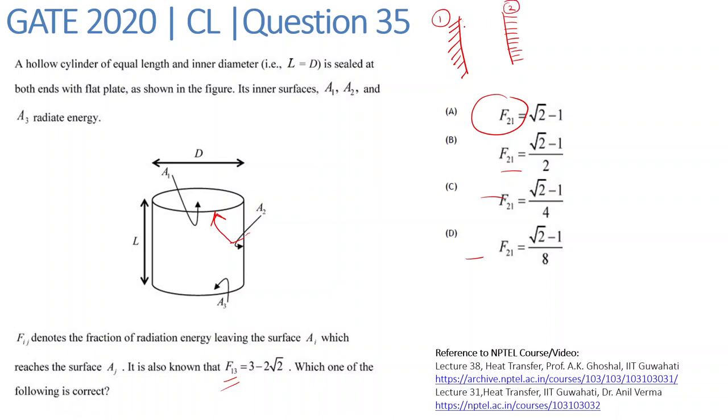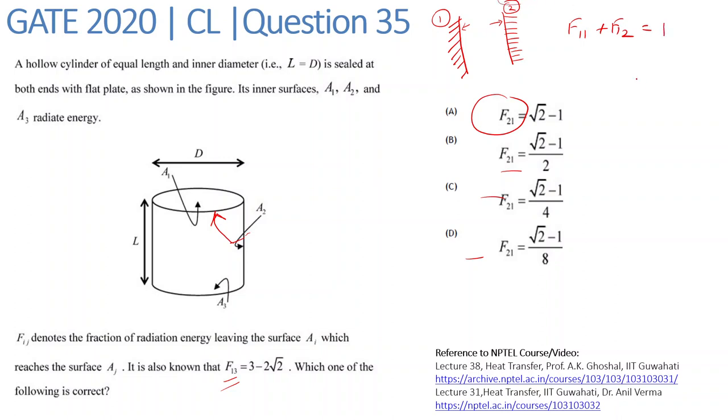In both the surfaces, this inner side is the reflecting one. So if I consider this first surface, then according to the additivity rule you can write F11 plus F12 is equal to 1.